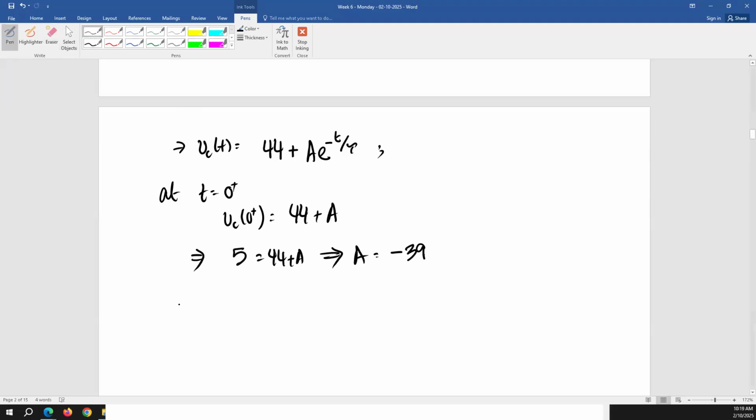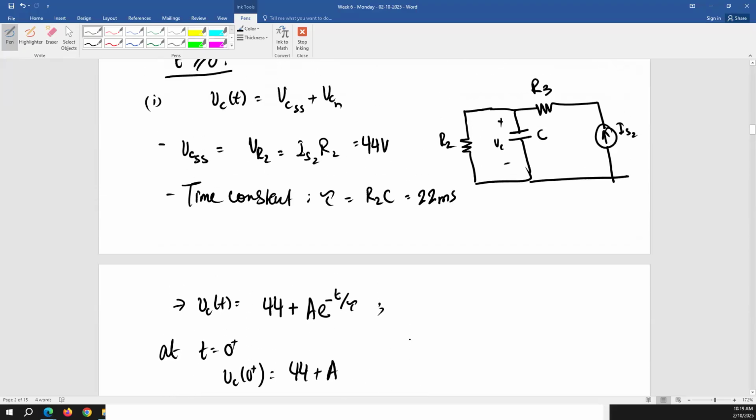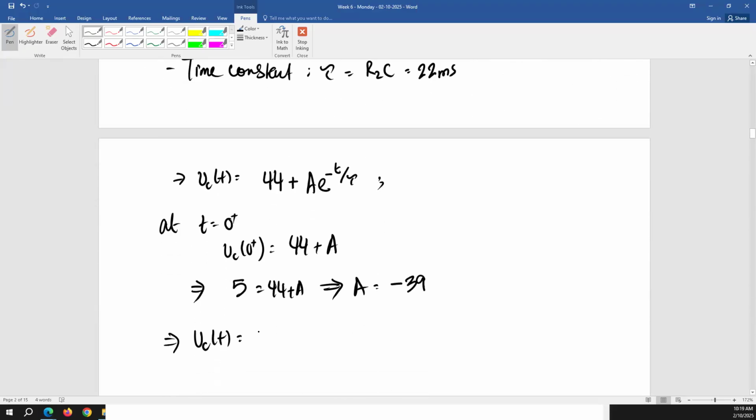So we have the capacitor equation now. VC(t), the final voltage is 44 volt, so 44 minus 39 e to the power negative t over tau.